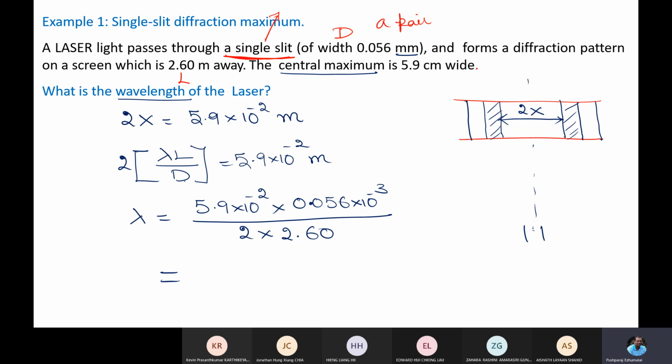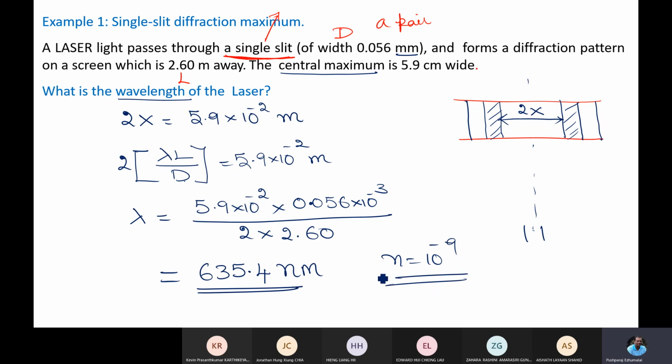So I am getting 635.4 nanometer. Nano means 10 power minus 9. So I am getting this value.